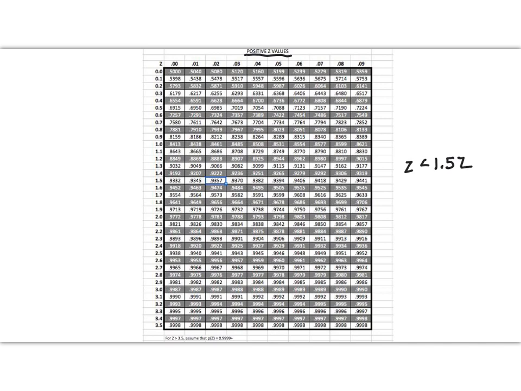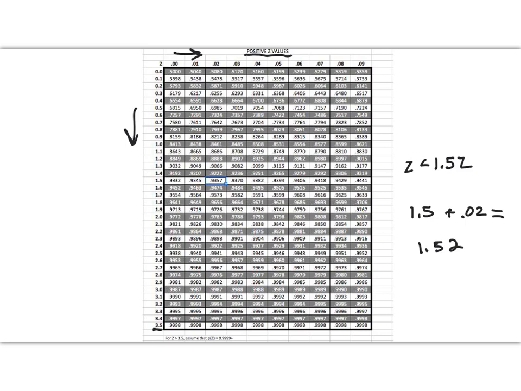So I'm going to find 1.5, because you'll notice again I only have to the tenths place in this column here. And then across the top I'm going to have to go and find 0.02, because 1.5 plus 0.02 is going to give me 1.52.